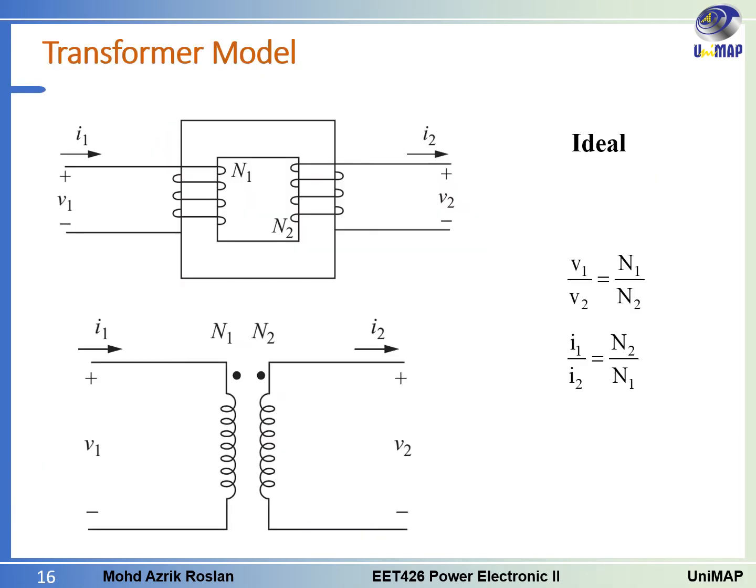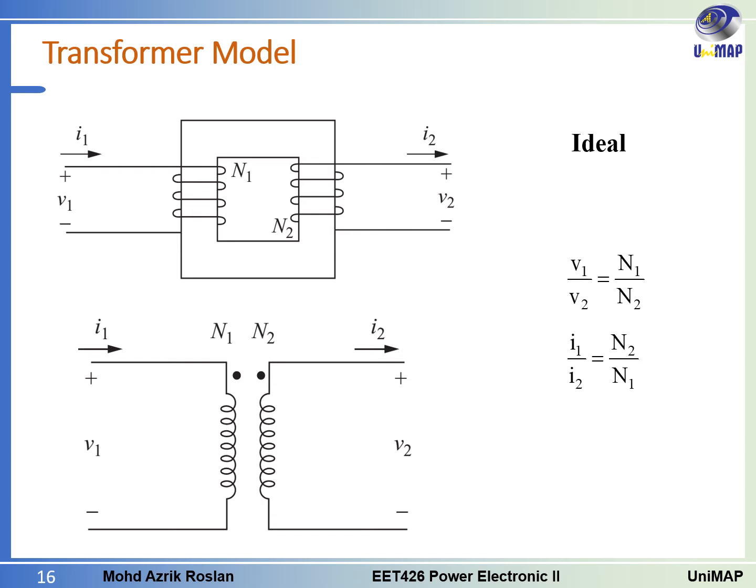This is the basic transformer model that I believe all of you are already familiar with. We have I1 and V1, the input current and input voltage at the primary winding, and N1 is the number of turns at the primary winding. Then we have the output current and output voltage, I2 and V2, and N2 is the number of turns at the secondary winding.